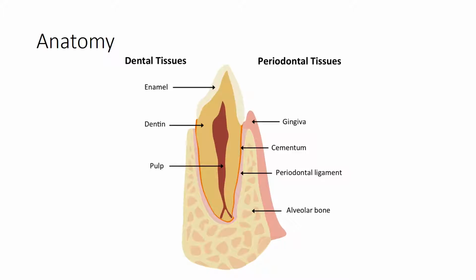Alveolar bone houses and supports the teeth within the maxilla and the mandible. The thin cortex of the alveolar bone facing the periodontal ligament is termed the lamina dura and is an important radiological landmark. Finally, the gingiva is the soft tissue covering of the alveolar bone and forms an important tooth-mucosal junction.